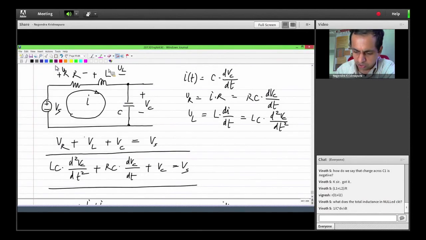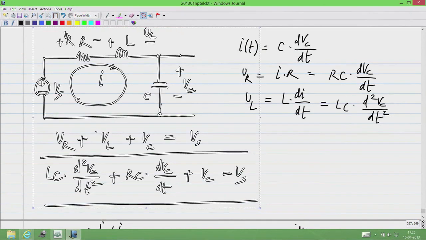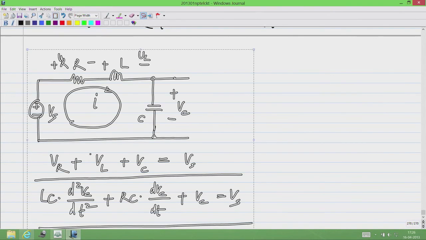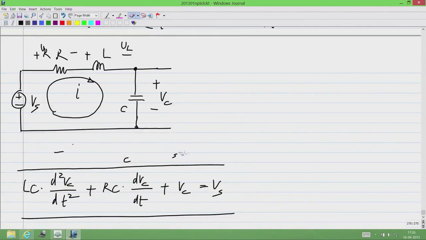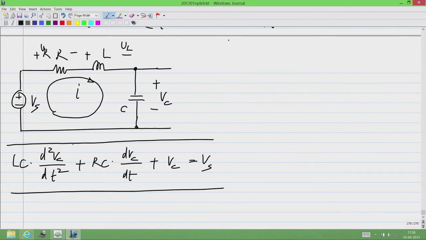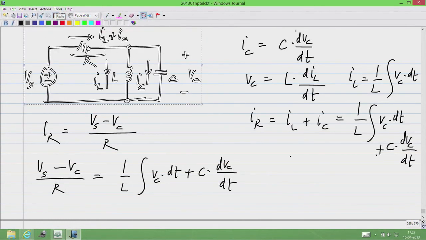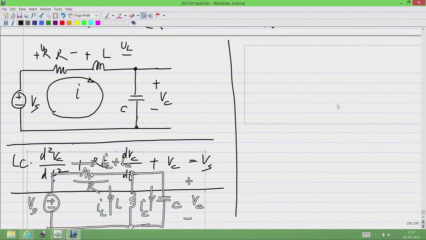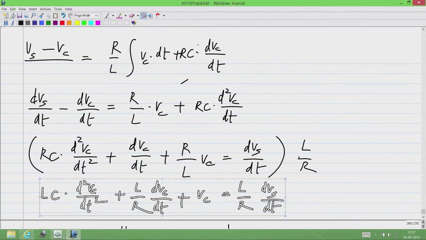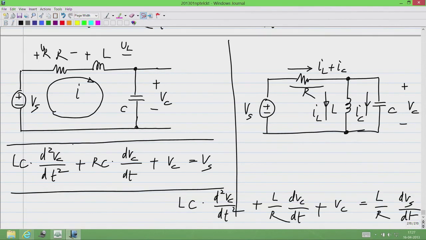So, let me put these side by side. This is the differential equation governing the circuit, and if I take the other circuit, I will have this other differential equation.